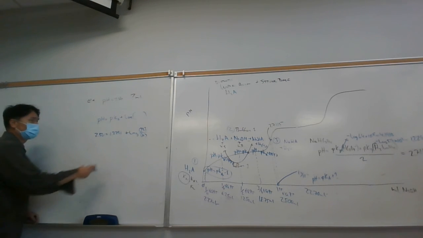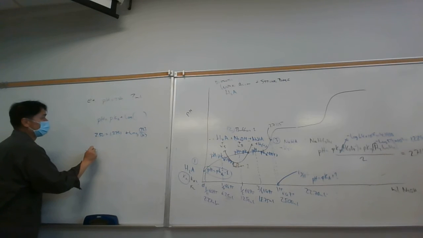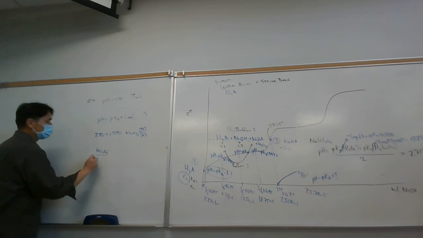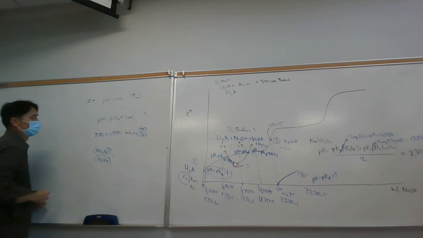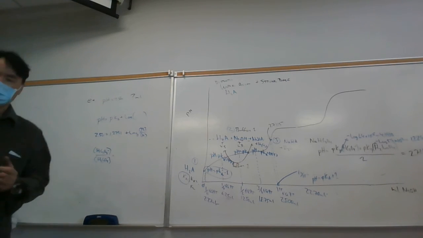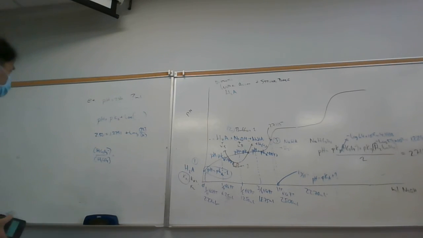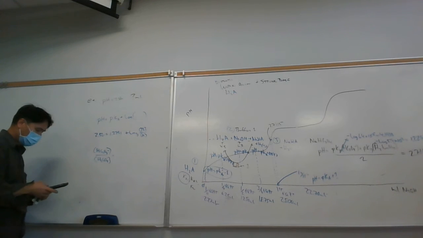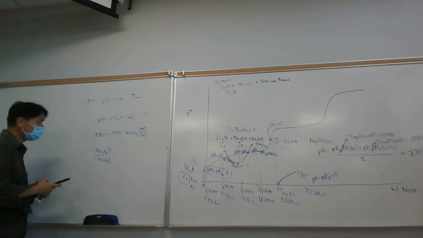And so let's figure out what the base to acid ratio is. The base in this case is hydrogen oxalate, and the acid is oxalic acid. So doing that, I have 2.5 minus 1.2291 equals, and then I'll take the anti-log of that.